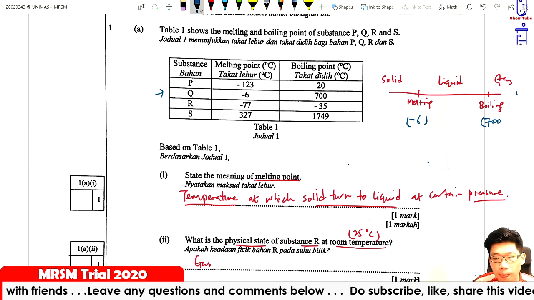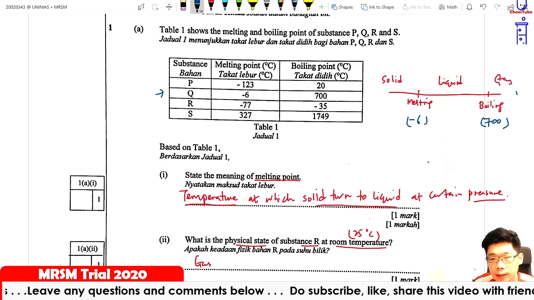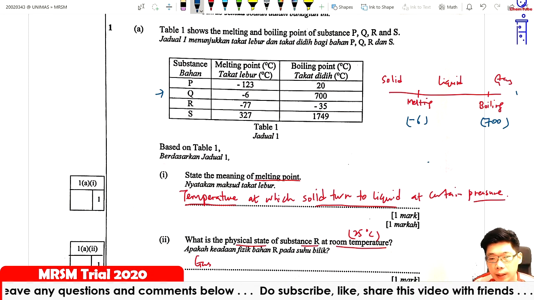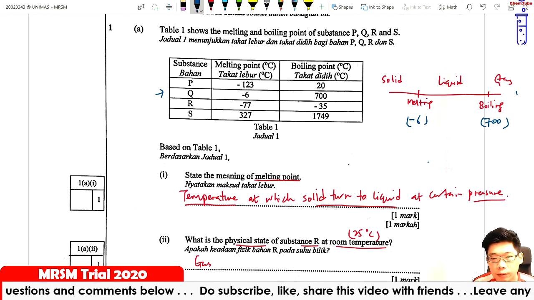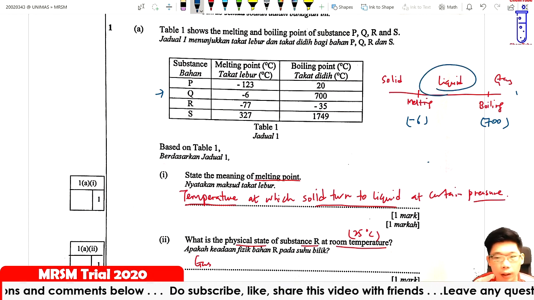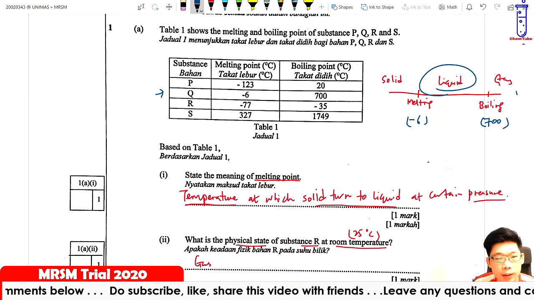Then room temperature is 25, so we can see 25 is somewhere between the melting and the boiling point. So the physical state for Q will be the liquid state.